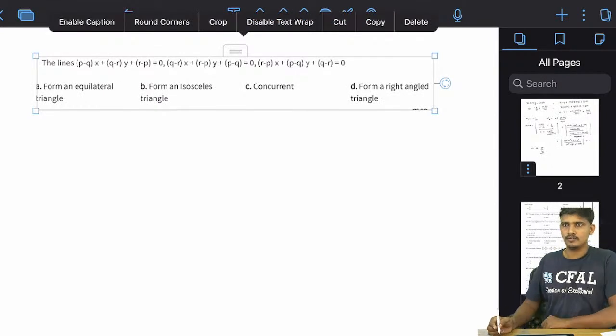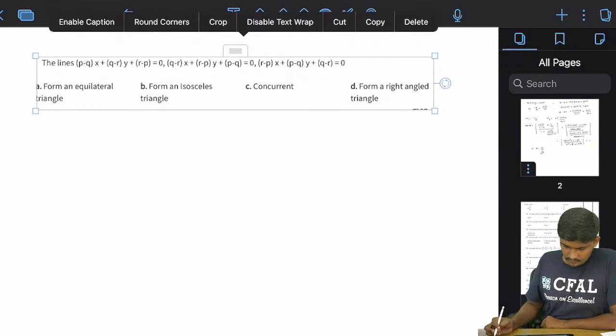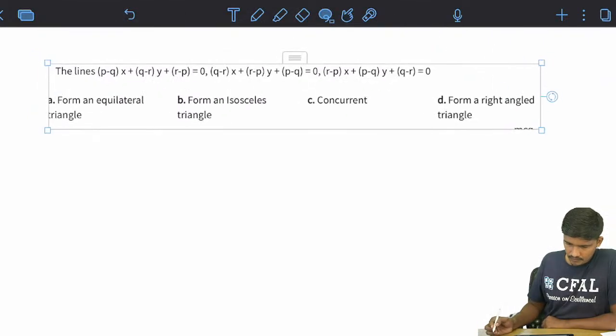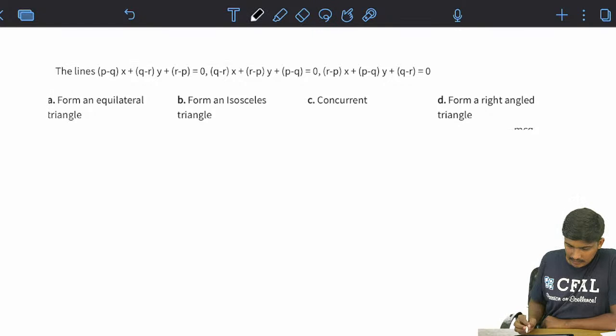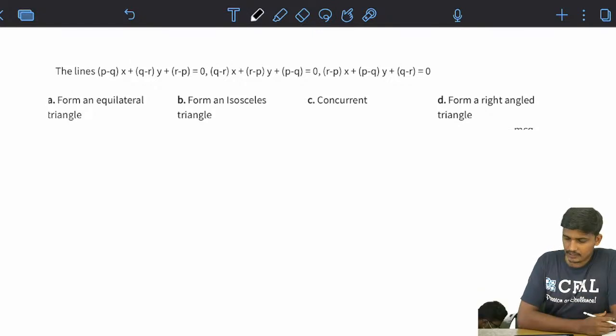Okay. So we have 3 particular lines, right? So what can be done with this particular problem? How can we solve this problem? It looks very complicated once again, but it is very simple.